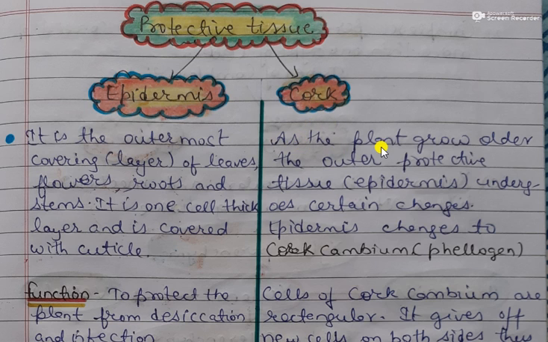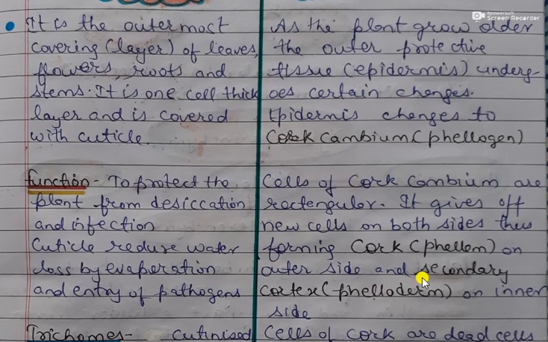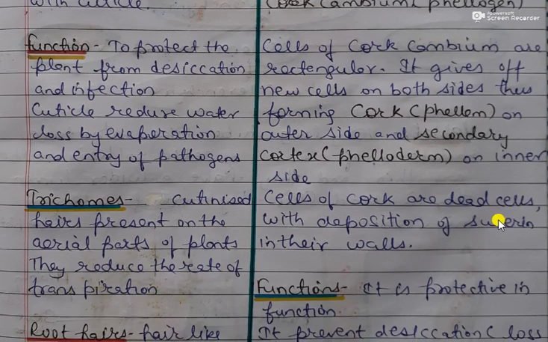See, as the plant grow older, the epidermis of the plant undergoes certain changes. Epidermis changes to cork cambium, which is also known as phellogen. The cells of the cork cambium are rectangular.